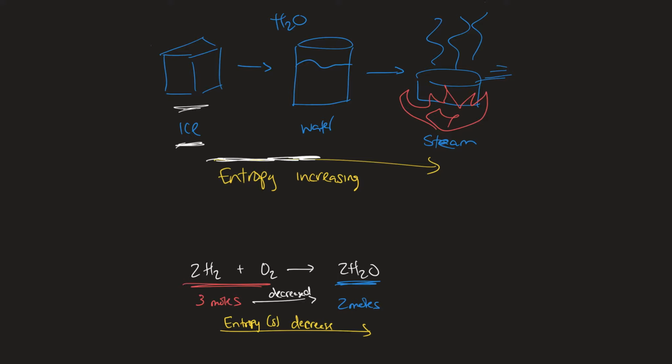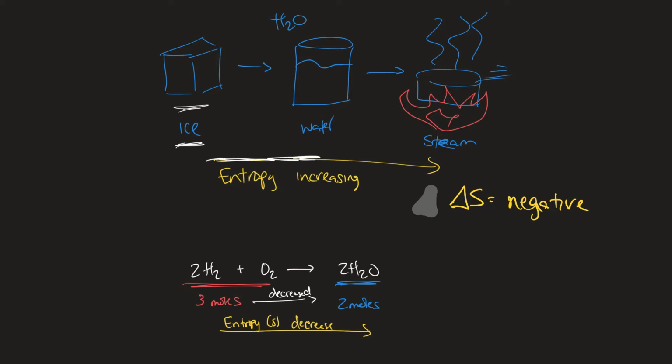Delta S in this case would be a negative number, because the molecules are becoming more and more organized. If you go the opposite direction, then delta S would be a positive number.